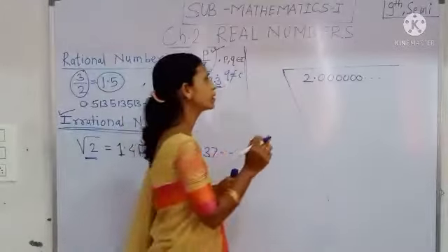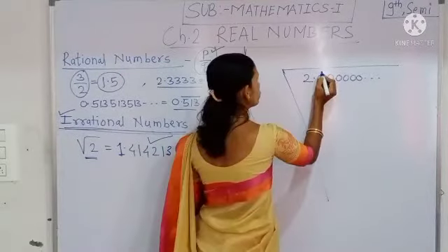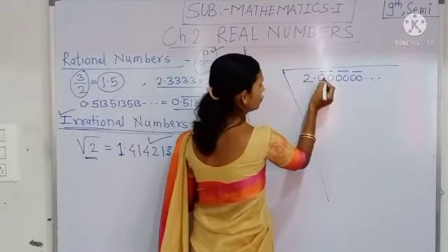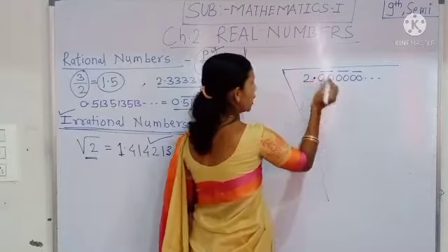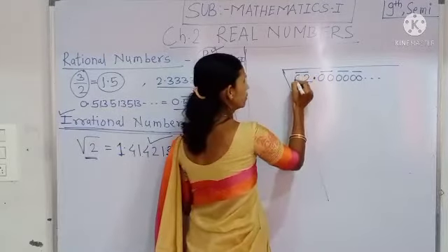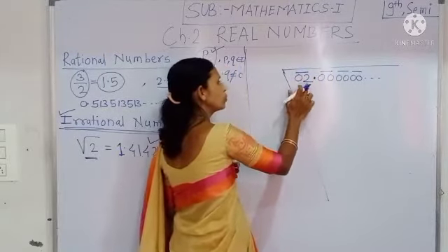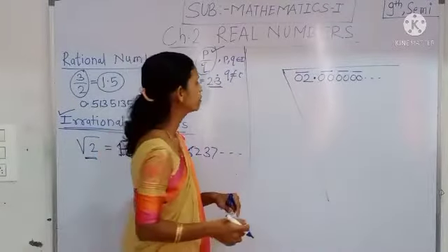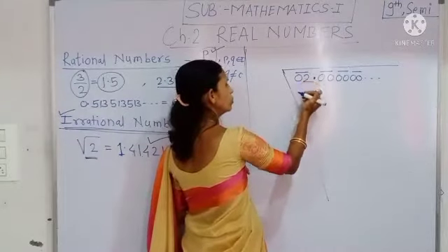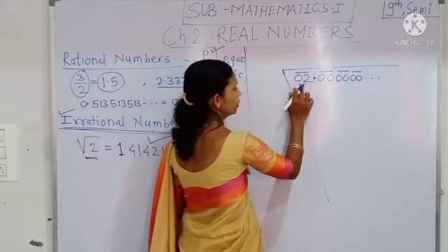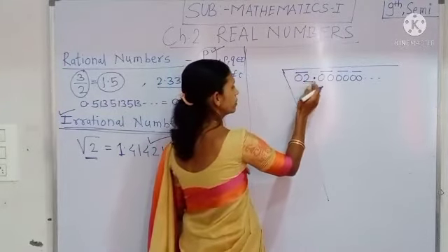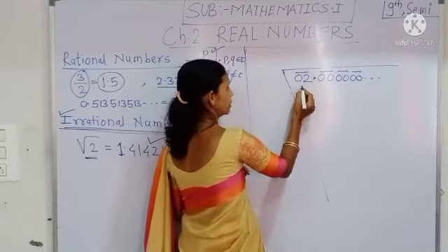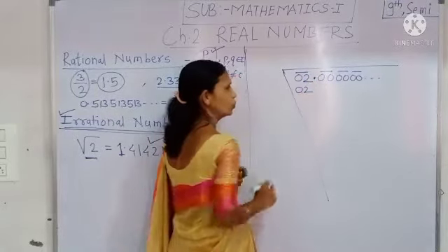Then we have to make sets of 2 digits after the decimal point, as well as sets of 2 digits before the decimal point. Then first of all we take the 2-digit set before the decimal point, that is here 2.